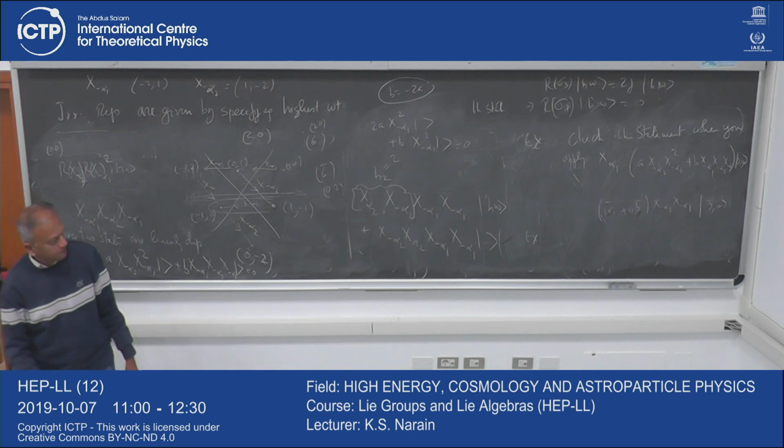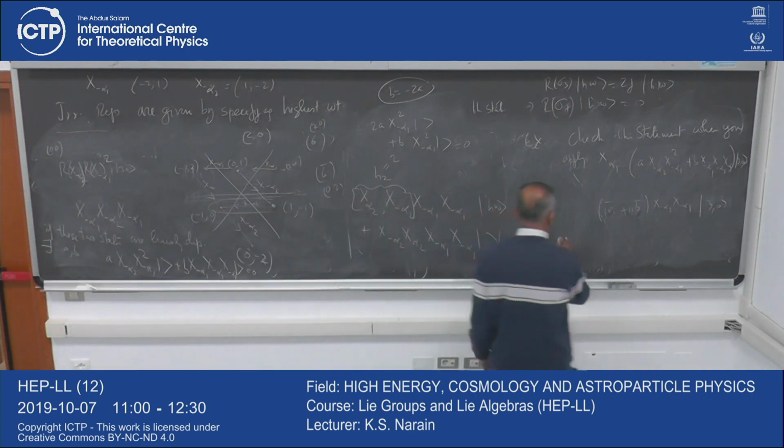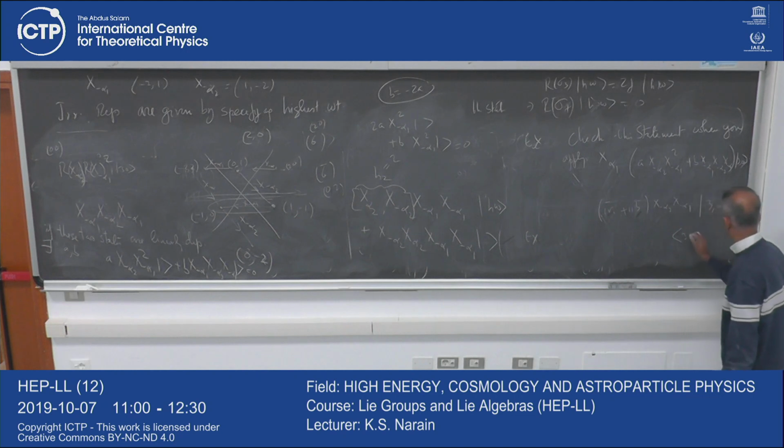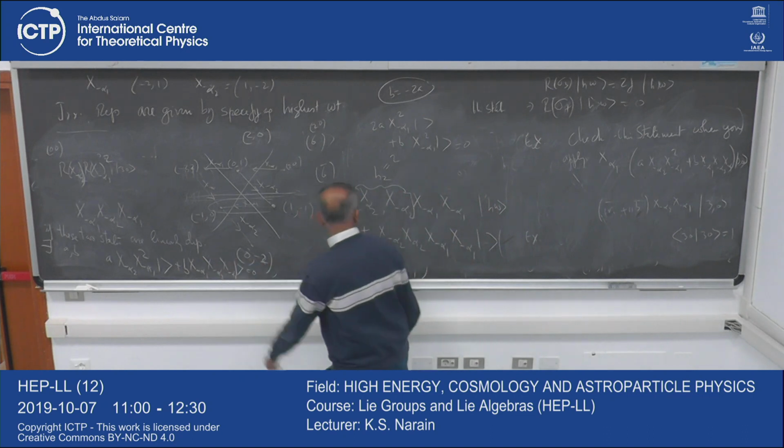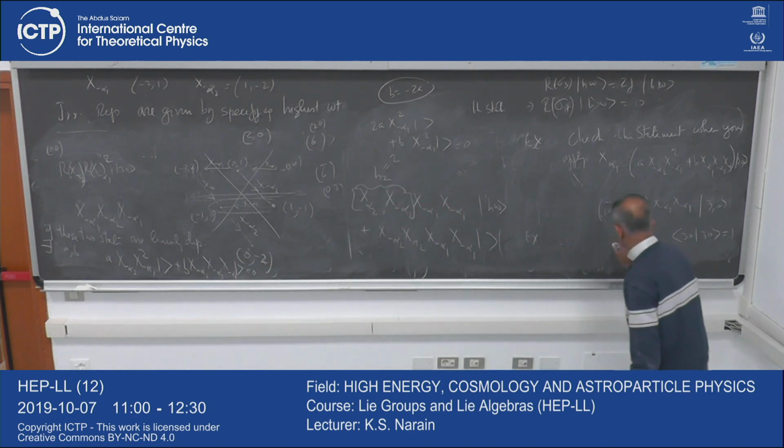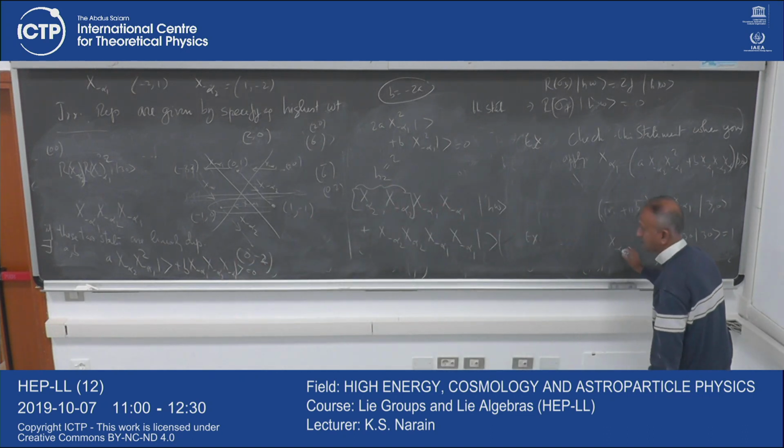Okay. So let's suppose the norm of the 3-0 state has been normalized to 1, or some fixed number, doesn't matter. Then, first of all, defining what is the norm. Suppose I'm looking at the first state, x minus alpha 2, x minus alpha 1, x minus alpha 1 acting on 3-0.